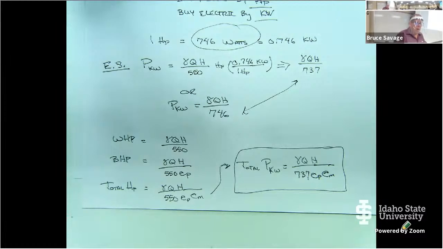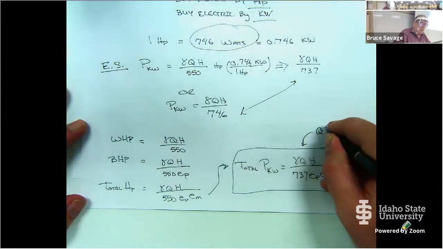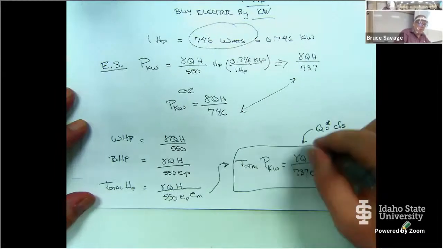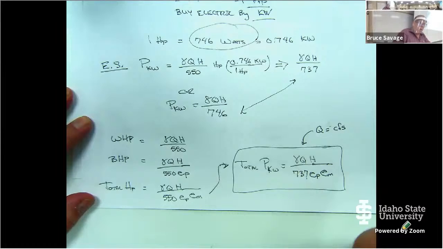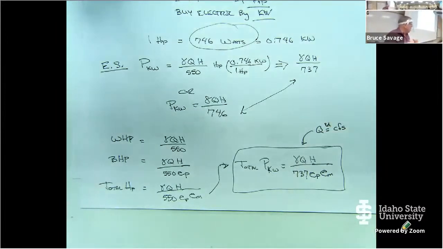And I need to make one other comment here. Remember that this Q here is, unit-wise, CFS, but we also buy pumps in terms of gallons per minute.